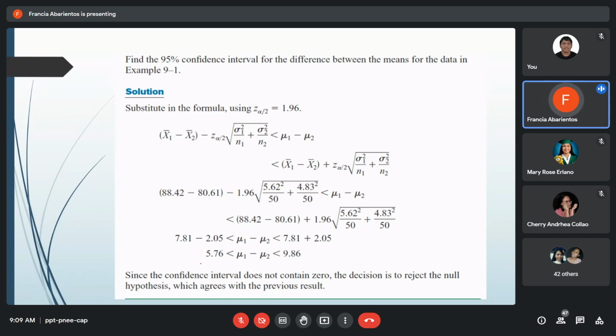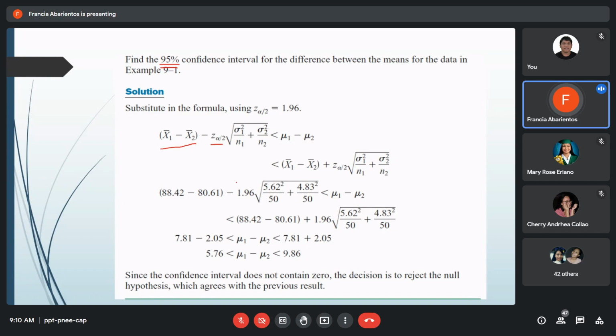So, ito class yung magiging confidence interval natin between the means for the data in the previous example. So, given sa atin yung 95% confidence interval. Ayan. So, proper substitution. This is now the difference between the means of the two minus the Z value.